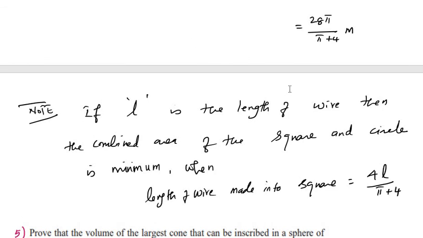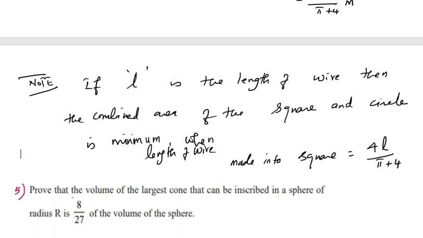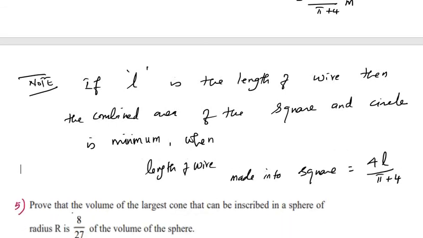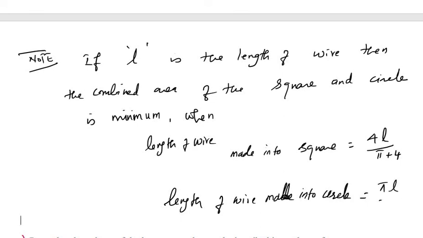Yes. And similarly, the length of the wire made into a circle is either L minus 4L by pi plus 4, or directly we can write pi L by pi plus 4.